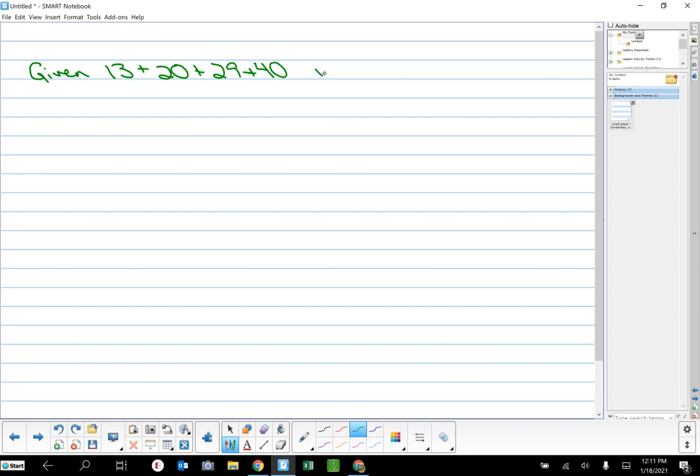Write a summation where a equals 3. So we're starting at 3. If this is 3, 4, 5, 6, so we're going from 3 to 6.